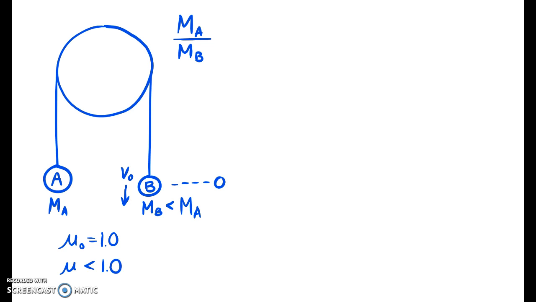One way to think about this is, let's say A and B are already at equilibrium, so B is just enough so that if we just leave it there and we just leave A there, they will balance each other out since friction will help B, since we know that the mass of B is smaller than the mass of A. Then, once we give B an initial velocity, perhaps B will just keep going down and keep accelerating downwards instead of turning around at its lowest point, since the difference between mass A and mass B might not be large enough to make B turn around and start accelerating upwards instead.